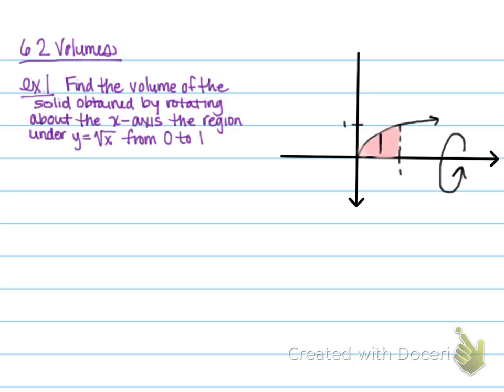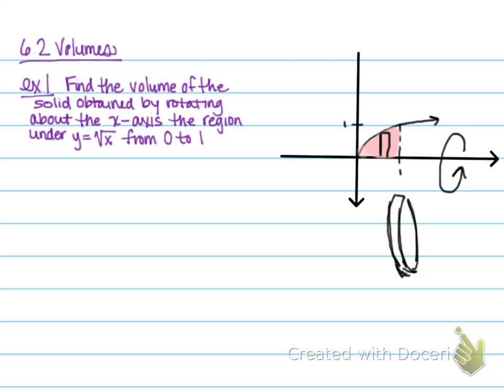Remember, when we were finding area under a curve, we talked about the integral as the limit of the sum of the areas of all the rectangles as the number of rectangles approached infinity. Well, now when we rotate that rectangle, it's going to start to look more like a 3D disc. Let's see if I can draw.